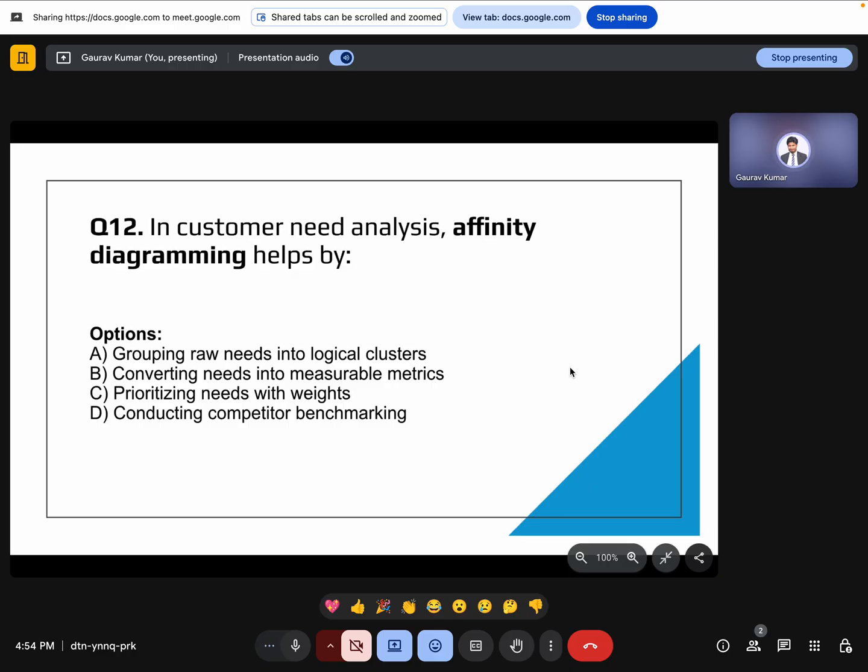For example, complaints like hard to carry and hurts my hand can all be grouped under portability and ergonomics. The other options are incorrect because metrics, prioritization, and benchmarking happen after clustering, not during it.